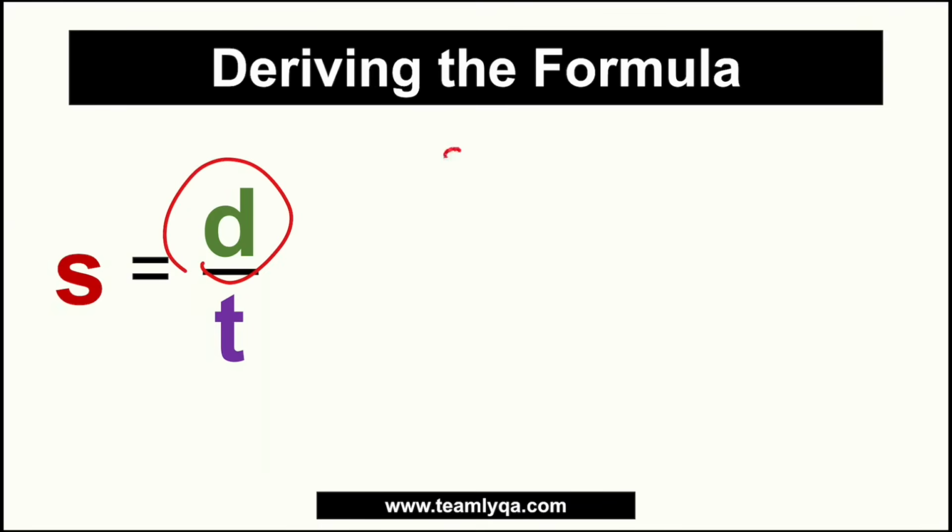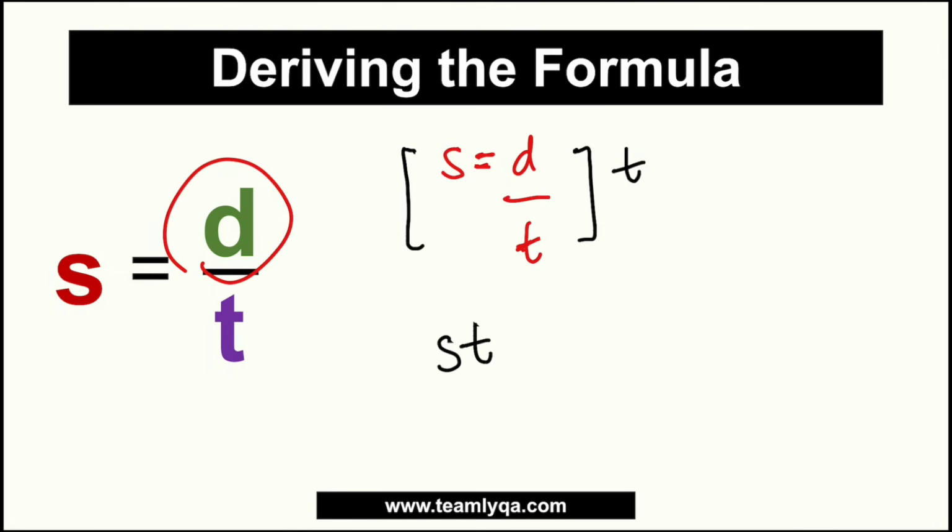Ang gagawin natin would be if S is equal to D over T at gusto natin maiwan yung D, we can use yung rules ng equalities para ma-cancel natin or matanggal natin yung T na nasa ilalim. So what we're going to do is basically multiply both sides by T. And when we do that, okay, S times T is going to be ST. And then, yung D over T, makakancel yung T na ito dito sa T na yan.